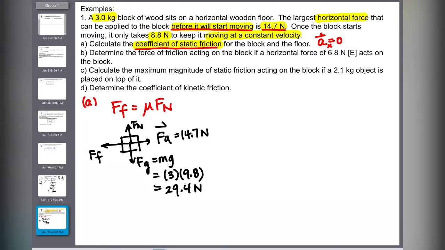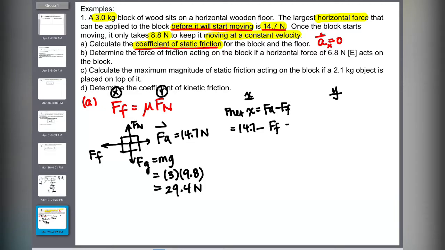Okay, so remember we talked about it just now, right? In order for you to find Fn, you're going to be focusing on the y-axis, and in order for you to find anything for the Ff, you're going to be focusing on the x-axis. So let's see what we can get. We're going to split this up like F net equals ma. So along x, my F net along x is going to be forward minus backward, so Fa minus Ff, and so it's 14.7 minus Ff, I don't know what it is, so that's my net force.